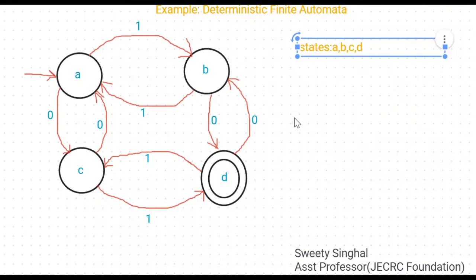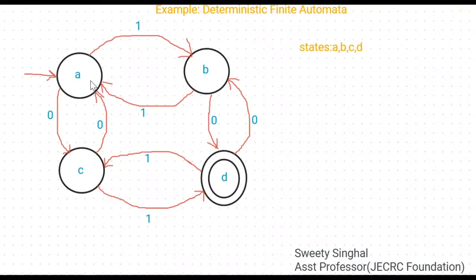The next one is edges. If I'm talking about edges, you can see here are some edges going from A to B, D to A, A to C, C to A, and further C to D, D to A, D to C, and further D to B and B to D. These are also known as transitions.